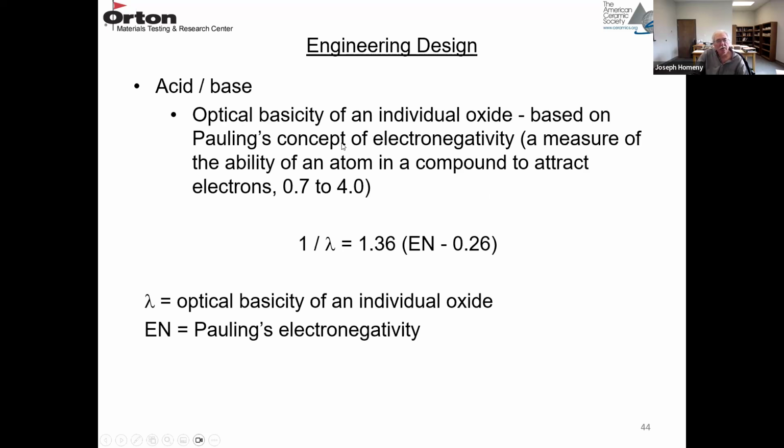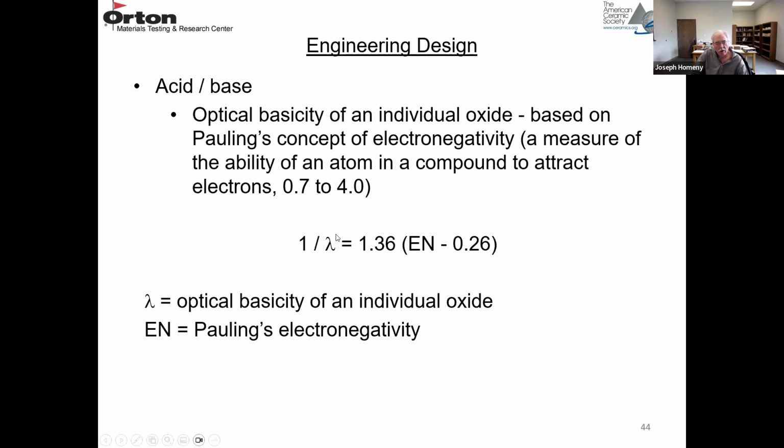So it's based on Pauling's concept of electronegativity, and electronegativity is simply a measure of an atom's ability to attract electrons. Electronegativity values go from 0.7 to 4. So the higher this number, the more attraction for the electrons.